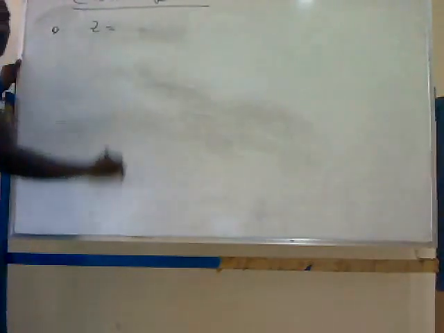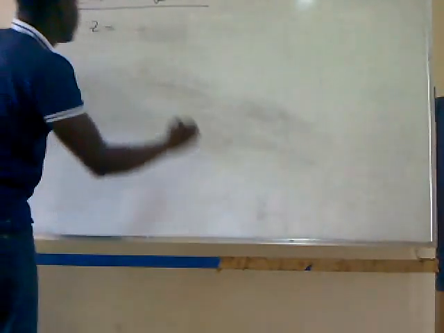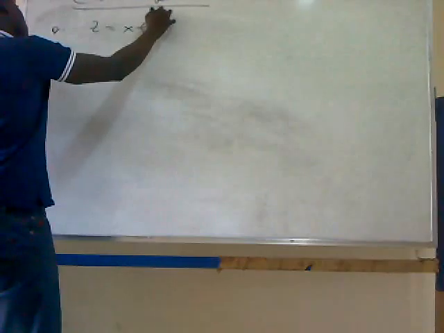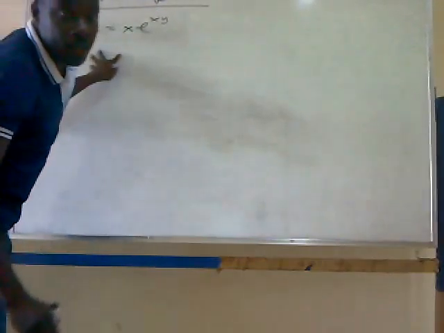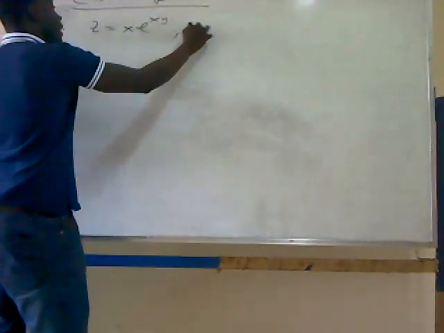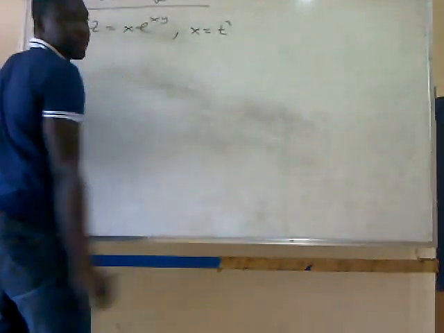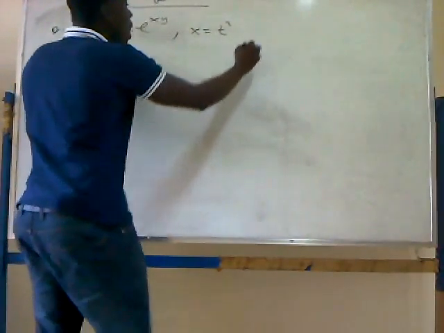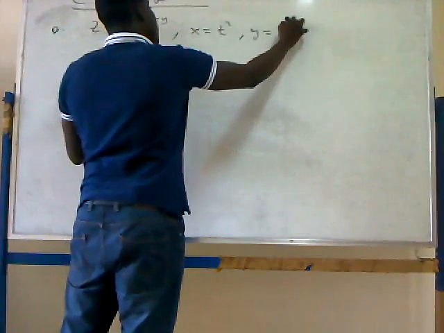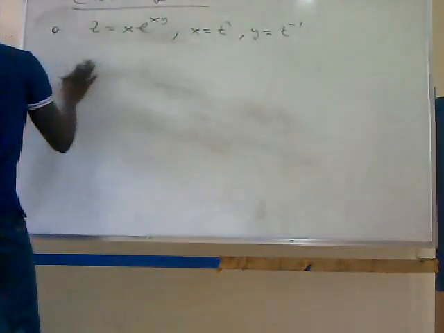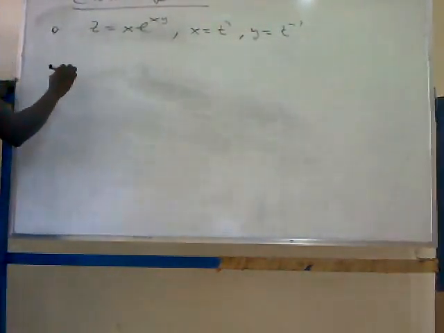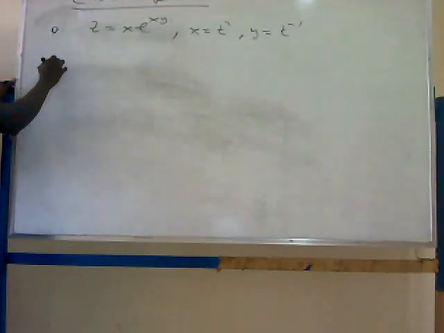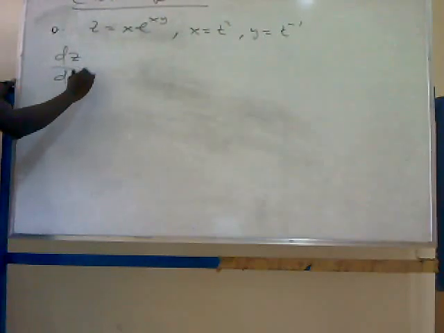If z is equal to x e^(xy) and x is t squared whilst y is equal to t to the power minus 1, then we could be asked to find dz/dt.